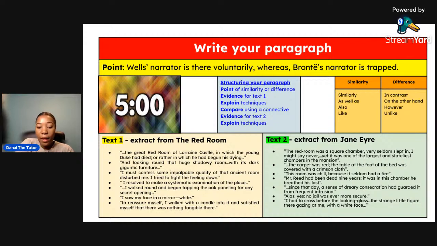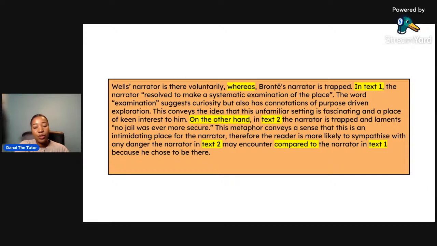Okay, so we'll have a look at the example paragraph now. Feel free to add in what you've got if you want to give you feedback. You might not have finished yours, that's okay.